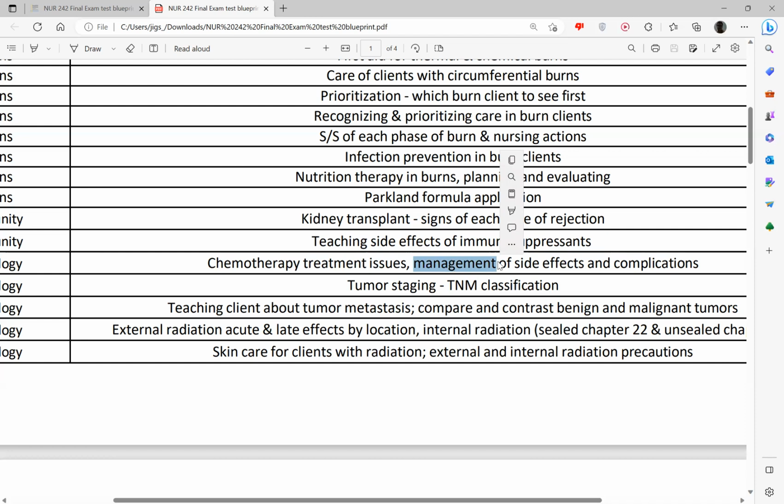What are the colony stimulating factors we expect to administer? Filgrastim, which is Neupogen, and pegfilgrastim, which is Neulasta. There are just differences between them, but they serve the same purpose.